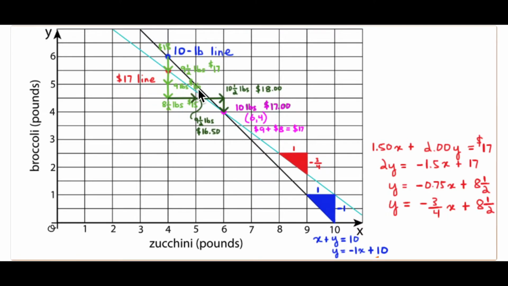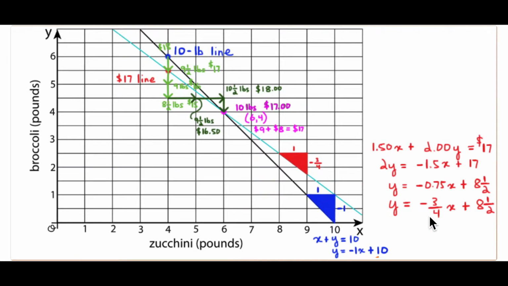And if I make that trade again, 1 pound of zucchini, 1 pound of broccoli, or on the $17 line, 1 pound of zucchini, 3/4 of a pound of broccoli again, $1.50 for $1.50. That change again is 1/4 of a pound. It's always 1/4 of a pound.